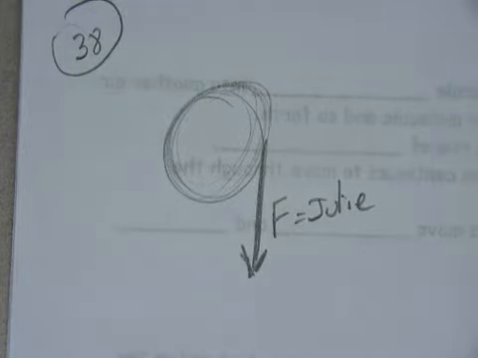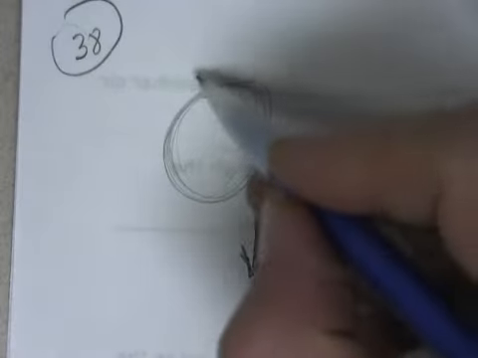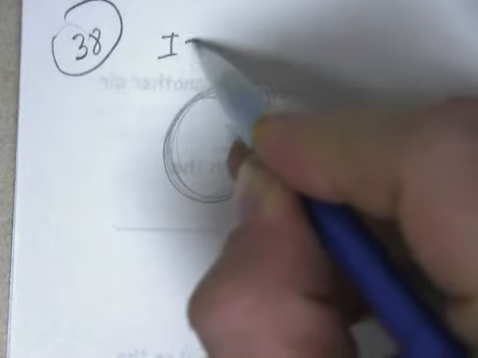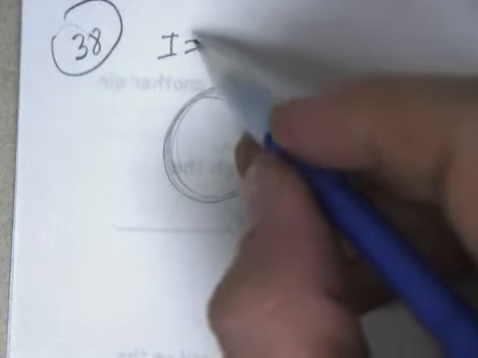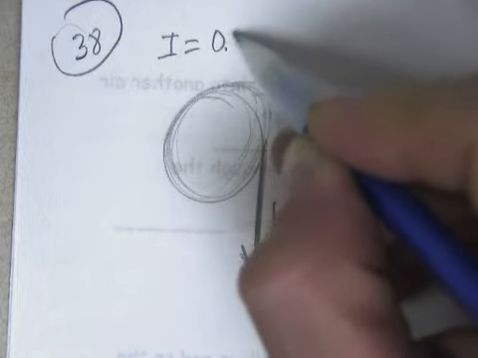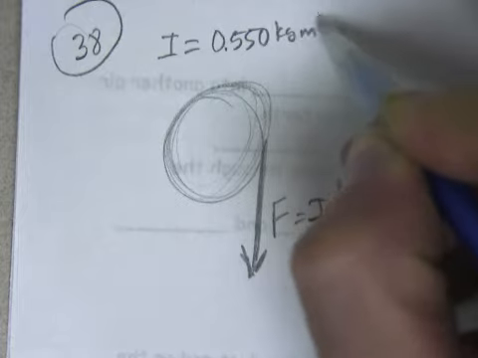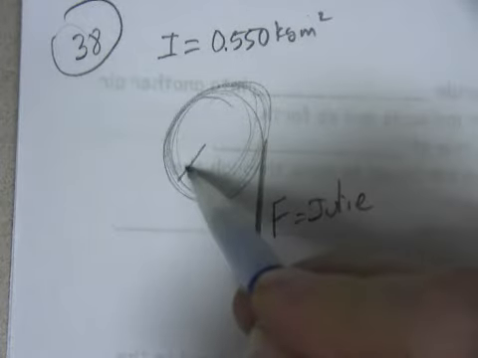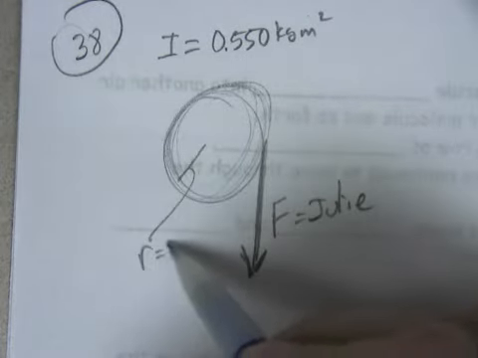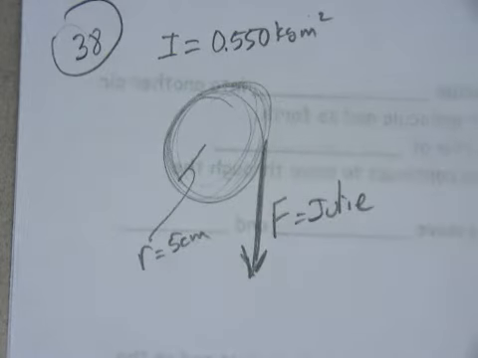The pulley has a moment of inertia about its central axis, so they're going to give us the moment of inertia. That's nice of them, so we don't have to look it up off the equation sheet. It's going to be I equals 0.550 kilogram meters squared, and then they give us the radius, and so R is going to be 5 centimeters.